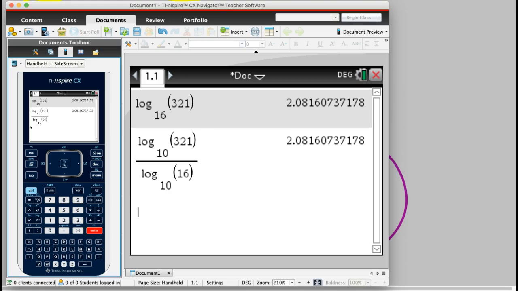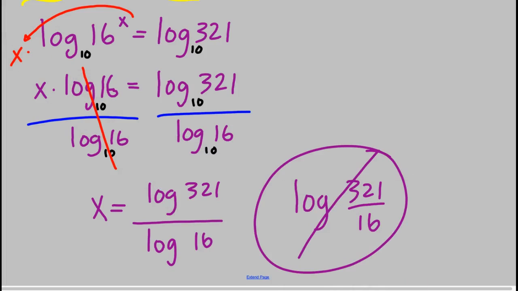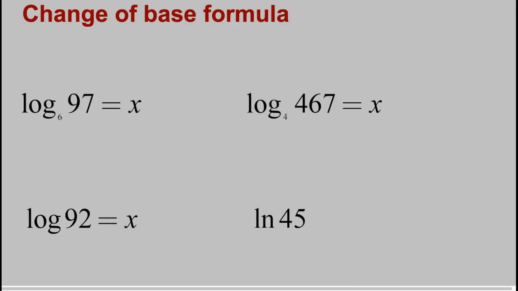So, what's happening here is we sort of discovered kind of a formula. It's called the change of base formula. I'm going to pop over to the next page because I have this change of base formula written down here.